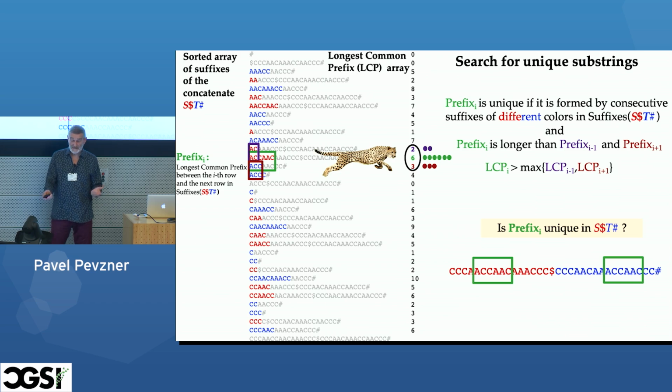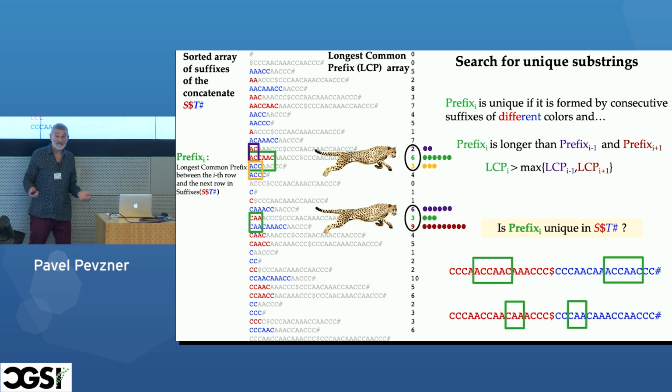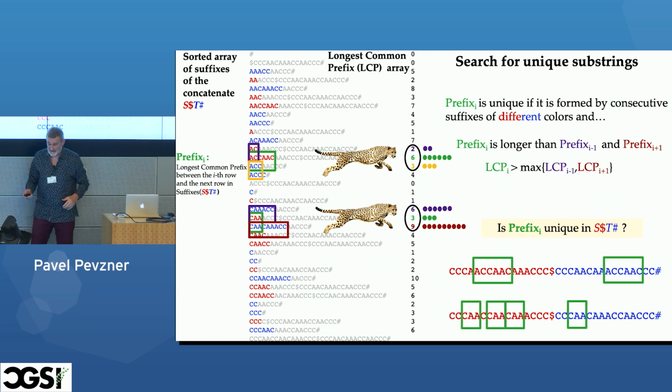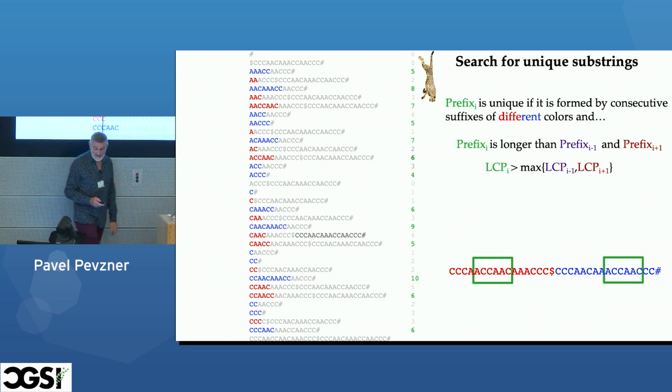And that's it. In this case, it is larger. In this case, it is smaller. And therefore, the cheetah just goes and looks for local maxima in this array. A local maximum means this value is larger than the previous and the next. And that's how it finds them. So that is clear, right?